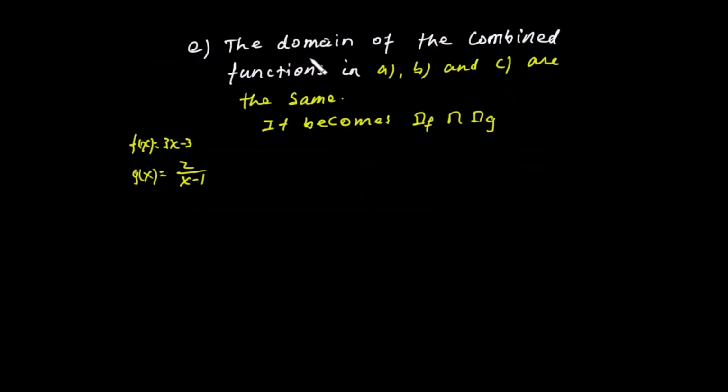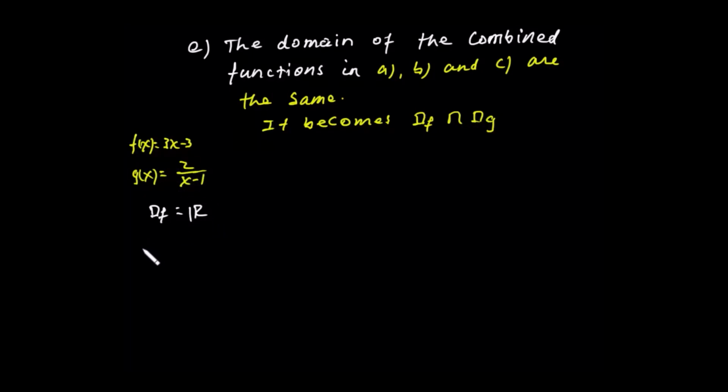Next, let's look at their domains. The domain of the combined functions in a, b and c are exactly the same, because they are all products. As long as they are products, we take the intersection of the domains of each of them. So what is the domain of each? f of x is 3x minus 3, which is linear. As long as it is linear, the domain is the set of all real numbers. g of x, however, is 2 over x minus 1.